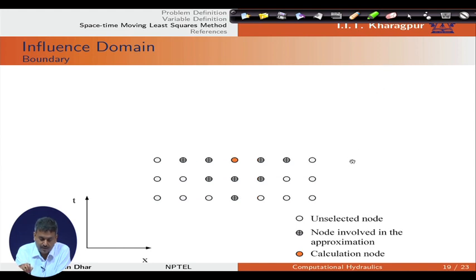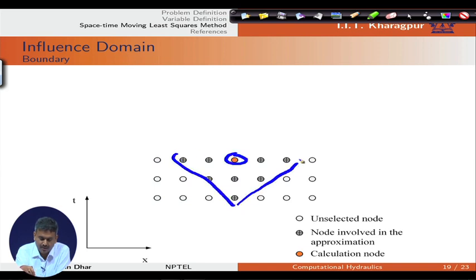If you have other cases in between, we can define our nodes like this, in a triangular kind of configuration, for intermediate or internal cases.